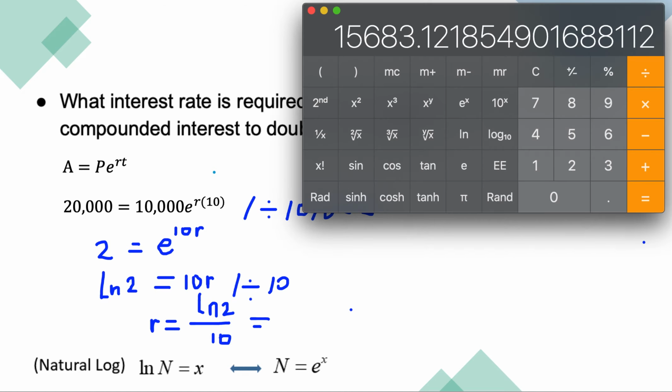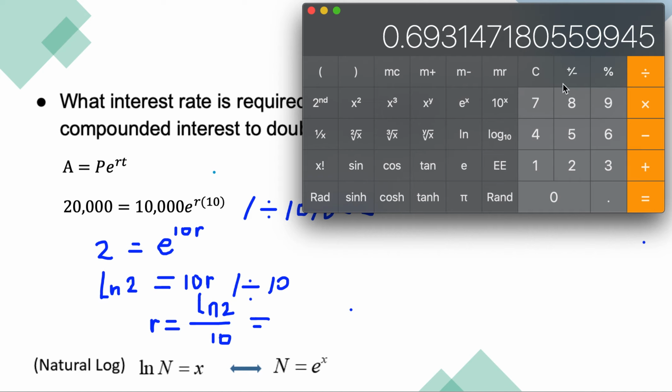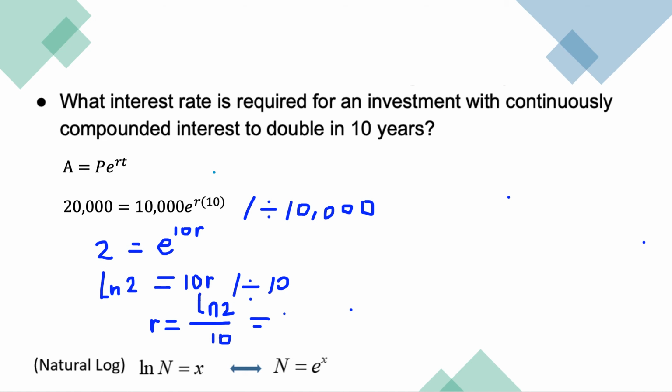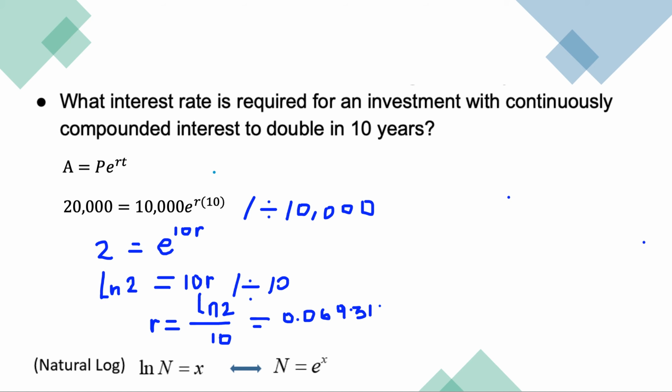So now let's use the calculator. ln 2, I get the number, divided by 10. We get 0.0693147.